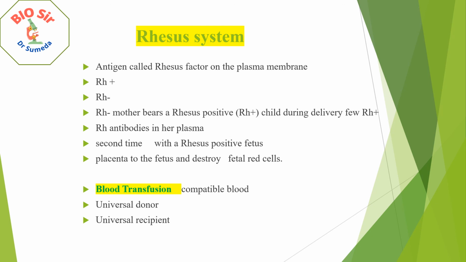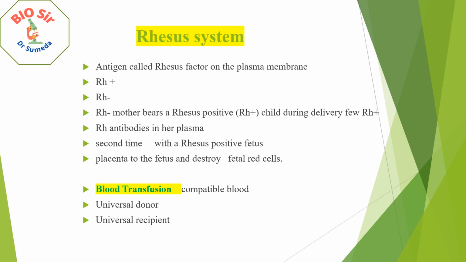When you talk about blood transfusion, there should be compatible blood. There are eight major blood groups using the ABO system and the Rh system. The universal donor can give blood to any person.